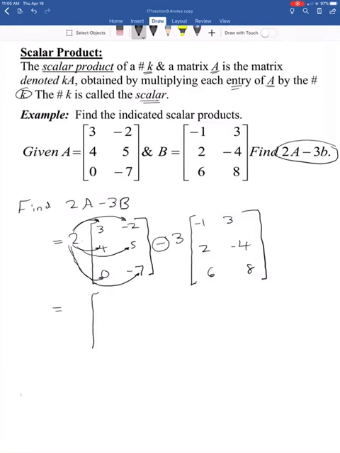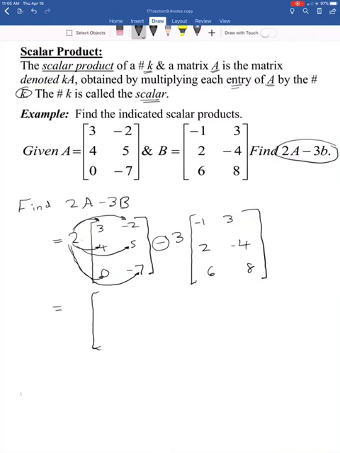So in the scalar product in 2A, we're going to have 2 times 3, and then 2 times -2. We're going to have 2 times 4, 2 times 5, 2 times 0, and 2 times -7. There's the scalar product. We're distributing that scalar through to each entry.